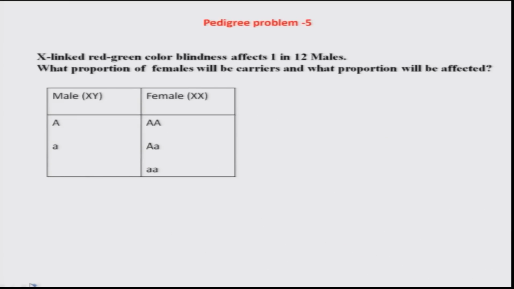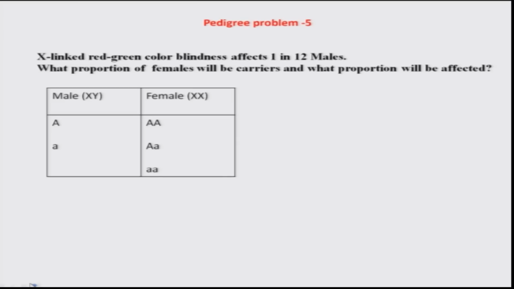So when it comes to male, the equations will change. There will only be one allele, either capital A or small a. However, in the females, the genes which are present on X will follow the similar one, that is p square plus 2pq plus q square is equal to 1.